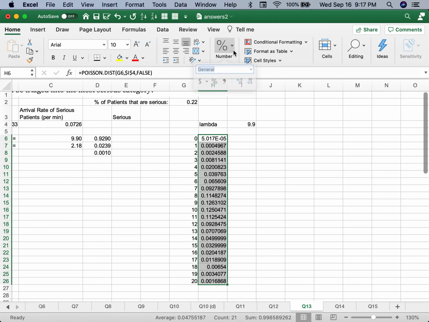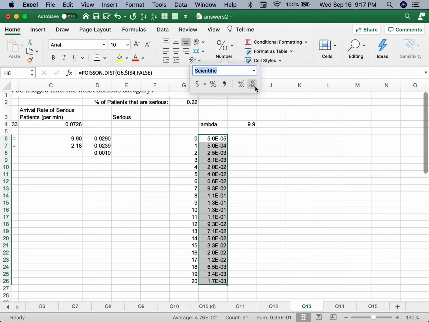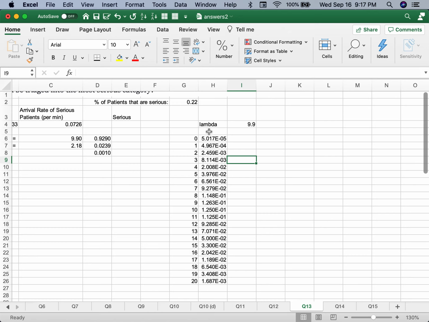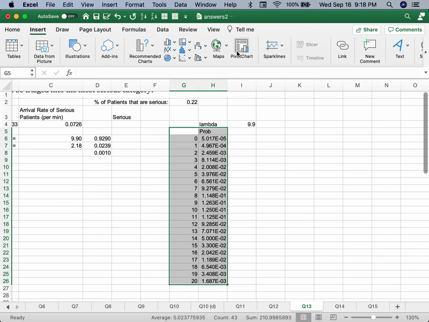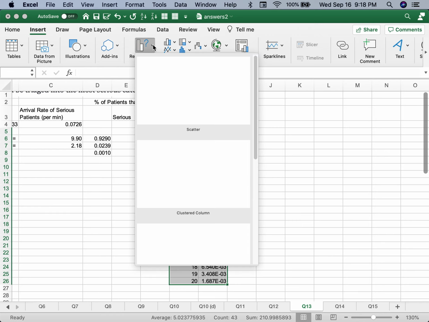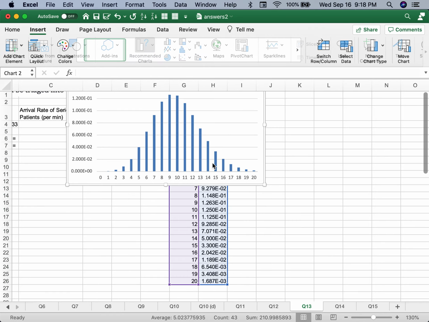Let's clean it up a little bit. Select all these and insert a recommended graph. How about that one?